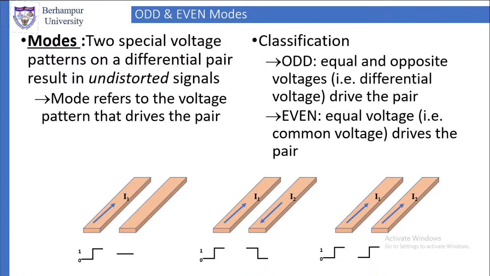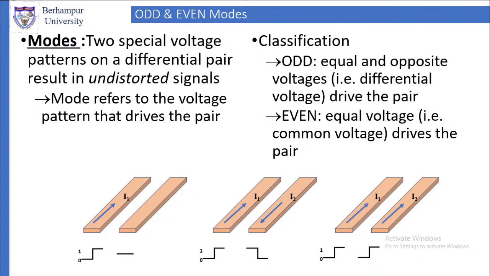Now if I add even mode and odd mode together, on line 1, I1 is always in the same direction. So it will be I1 plus I1 by 2, taking the average, that will be I1. On the second line, it is I2 minus I2 plus I2 by 2, that is 0 by 2, which is 0.